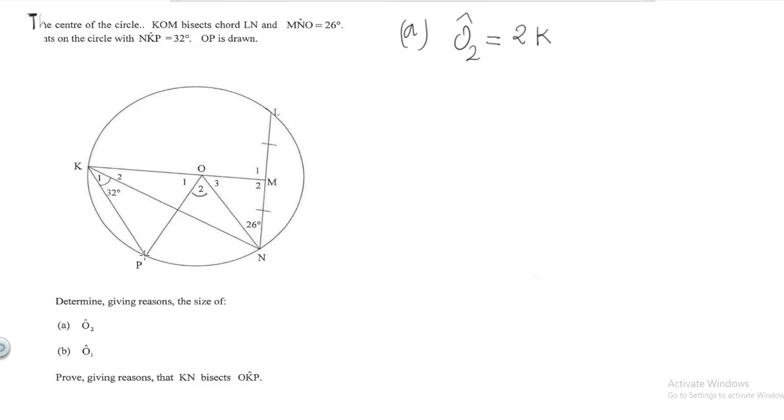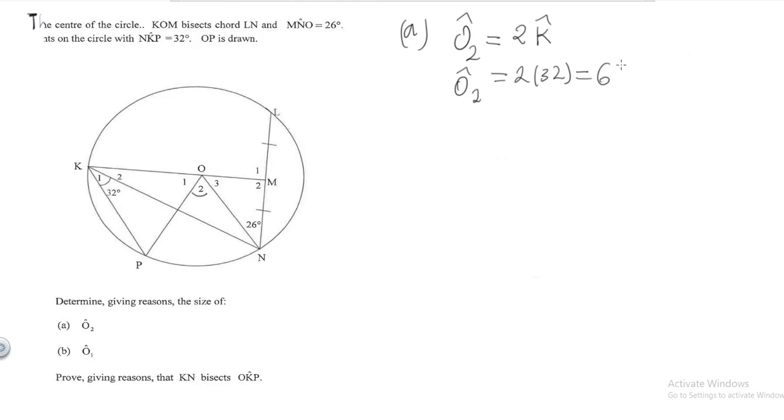So the bottom point for O join the two chords by K. So meaning that this is an angle at the center is a double angle at the circumference. So therefore O2 will be equal to 2 times 32.